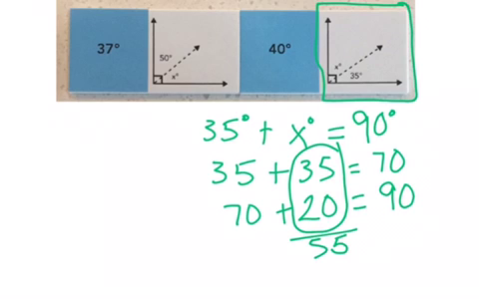Well, 55. So, our x would have to be 55 degrees. Did you solve it a different way? Some of you might have subtracted. You might have done 90 minus 35 to get your answer. Either way is an awesome strategy. Let's take a look at the next one.